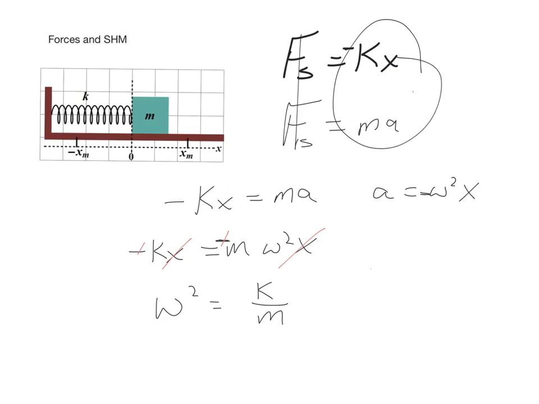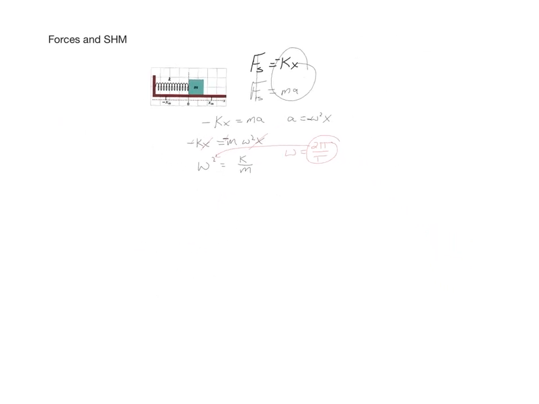We also know that omega is equal to 2 pi over the period. So if we substitute this into that equation, we get this relationship.